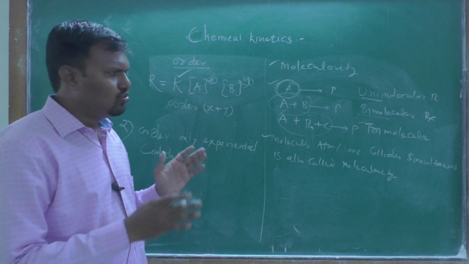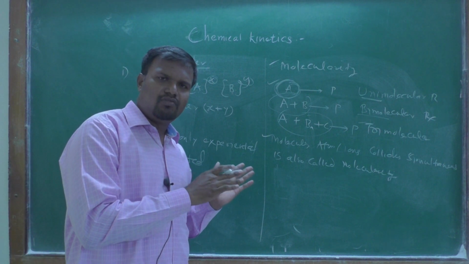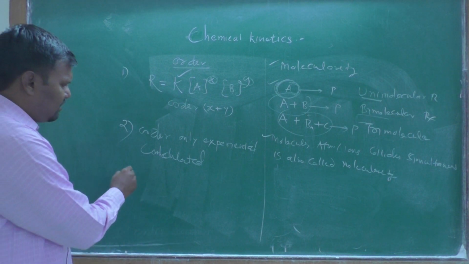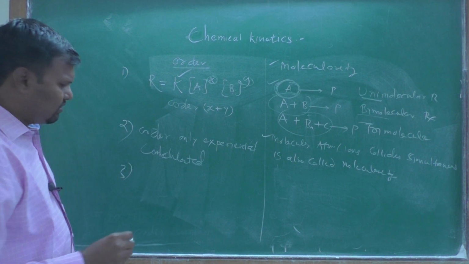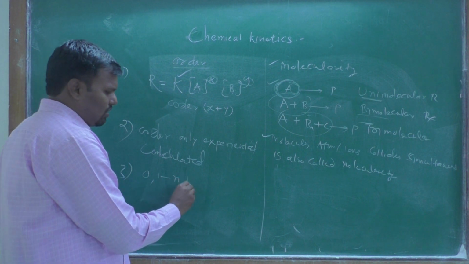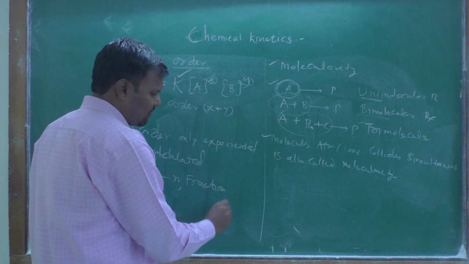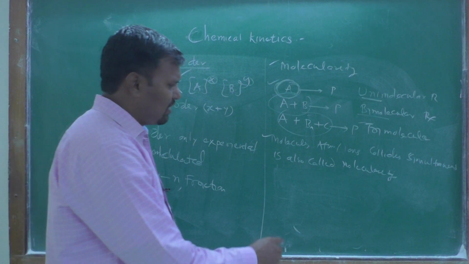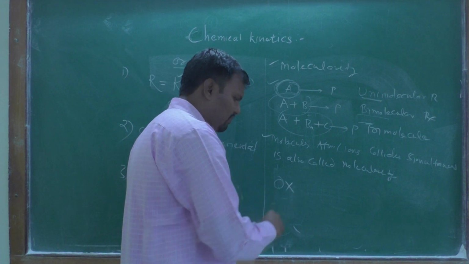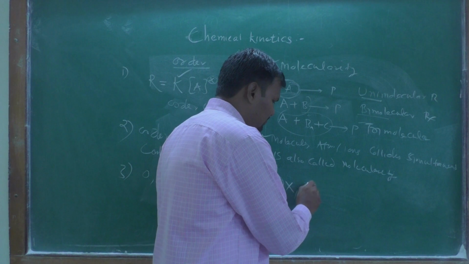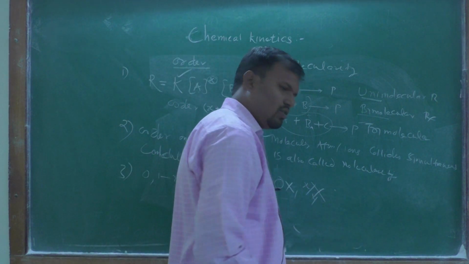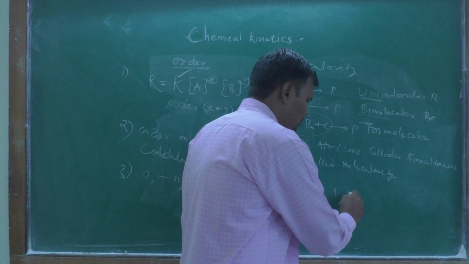You cannot use experiments to find out the molecularity. Order can be 0, 1, up to nth, or a fraction also, but molecularity is not 0 and not a fraction. It is only whole numbers, that is 1, 2 and 3.